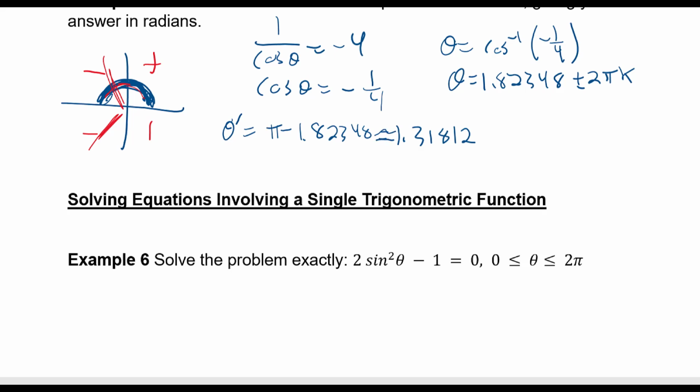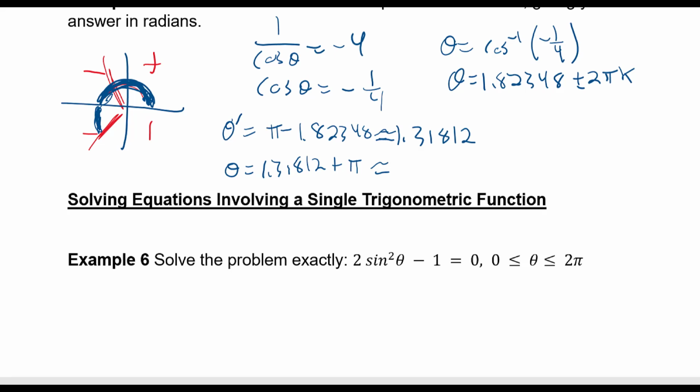Given the reference angle, that's how far past pi it's gone. So we're going to be going past pi that much. So the angle is going to be 1.31812 plus pi. And what would that be?